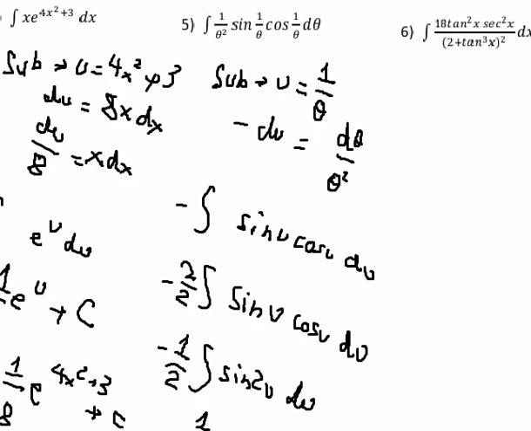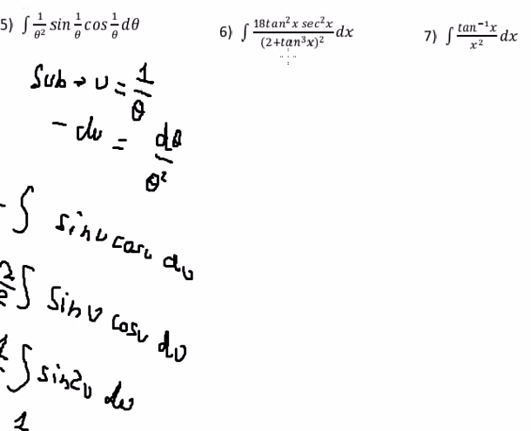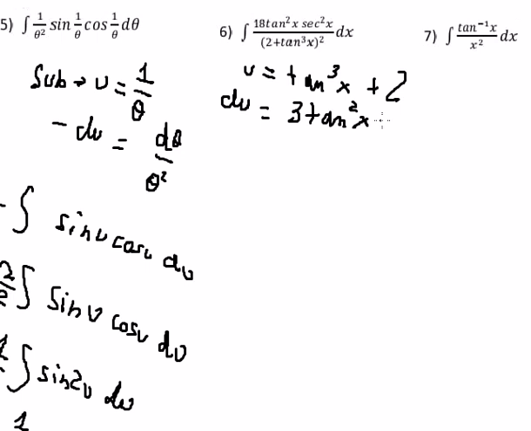Next one. About this one, we put u equal to 3 tan s to the power of 3 plus 2. So you get du equals 3 tan s squared secant s squared ds.